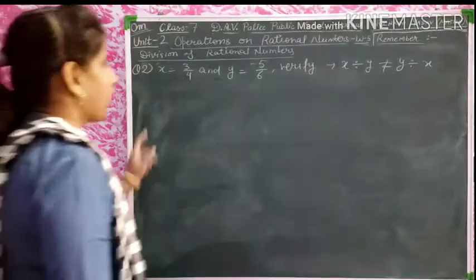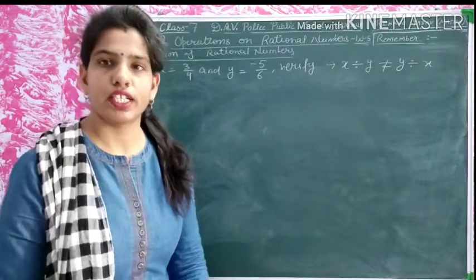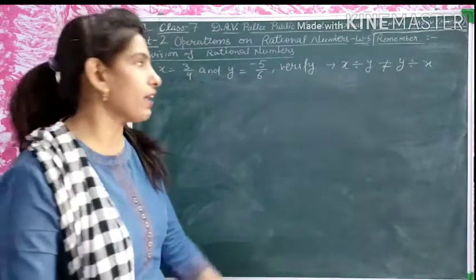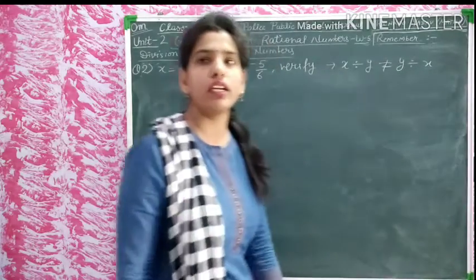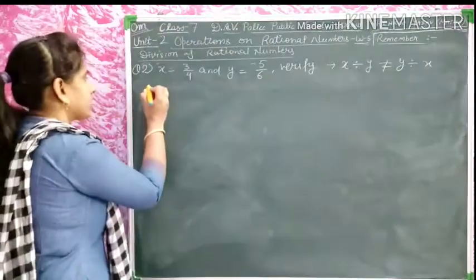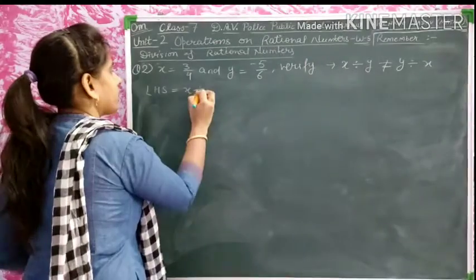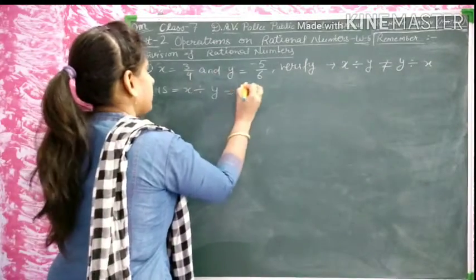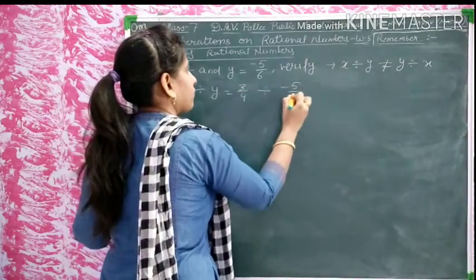Now, students, we have to check whether the commutative property is satisfied in the division of rational numbers or not. We have to prove that x divided by y is not equal to y divided by x. Let's see. First the LHS. LHS is x divided by y, which is 3 by 4 divided by minus 5 by 6.